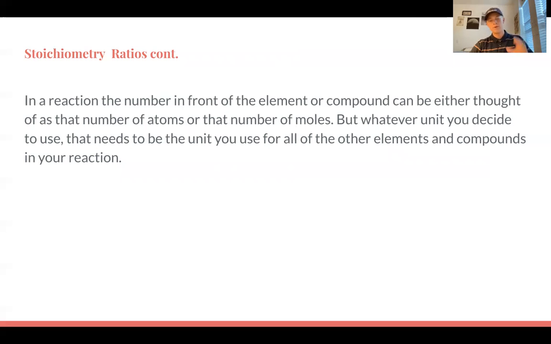So that number in front of the element or compound in our chemical equations can represent that number of atoms, or it could also represent that number of moles. But whichever unit of measurement you decide to use, whether atoms or moles, you stick to that.